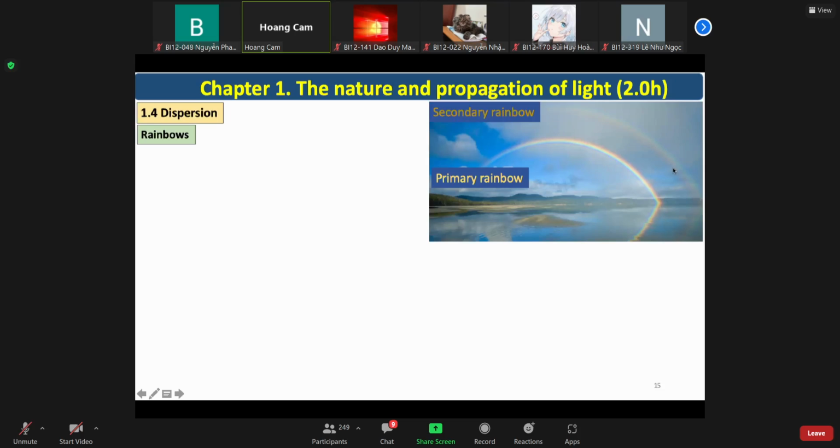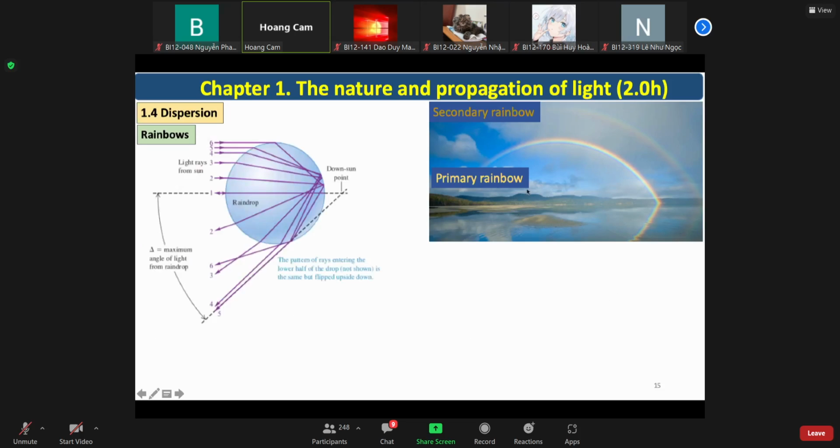Depending on the way the light interacts with the raindrop or water drop, you can observe the primary rainbow or the secondary one. It depends on the position from which you observe. And you need rain: no rain, no rainbow, that's why.